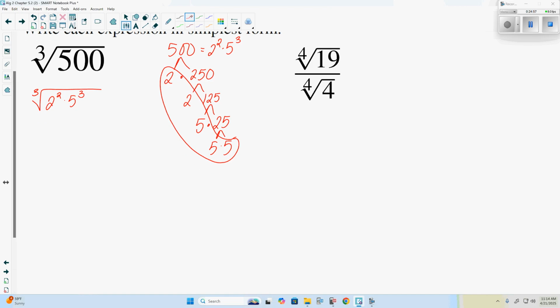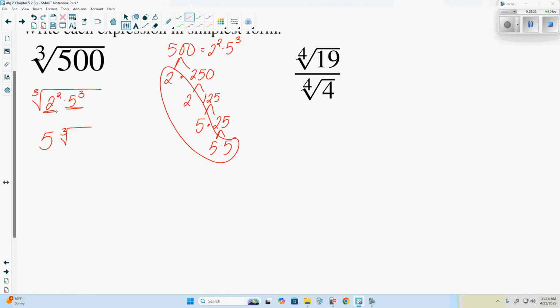And as we've seen up to this point, our 5 cubed simplifies with our cubed root to give us 5. Can we simplify the cubed root of 2 squared? No, we don't have enough 2's, because for us to simplify, we would need at least 3 or a multiple of 3.